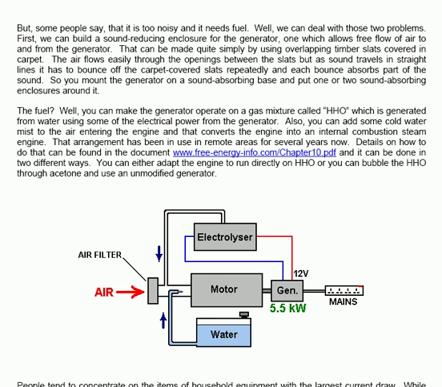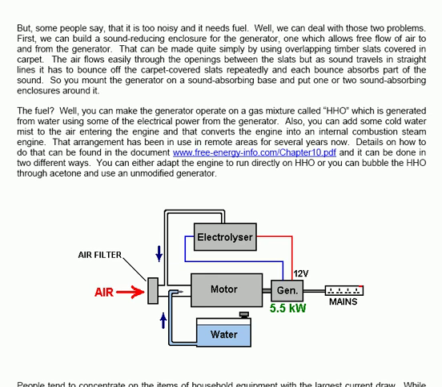It can be done in two different ways. You can either adapt the engine to run directly on HHO, and methods for doing that are shown, or you can bubble the HHO through acetone and use an unmodified generator. The overall arrangement is as shown here. You have the generator, which creates both mains electricity and a 12-volt power supply.